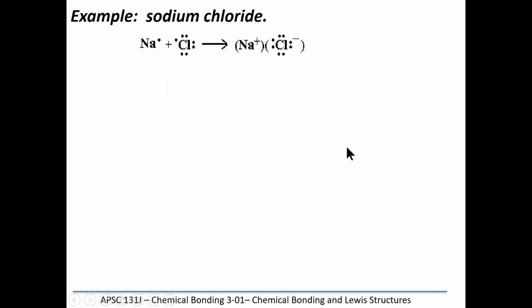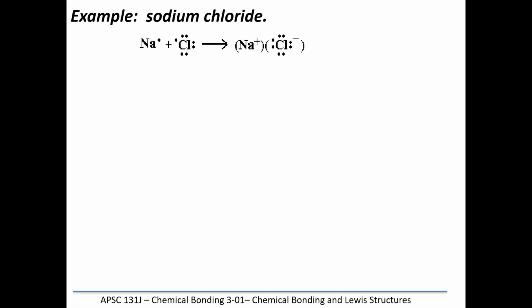So a simple example here is sodium. A sodium atom has 1 valence shell electron. A chlorine atom has 7 valence shell electrons. It's easy for sodium to simply lose its 1 valence shell electron to the chlorine atom. And when we show it as sodium chloride, we can see that the sodium has lost its 1 valence shell electron, becoming isoelectronic with the nearest noble gas, which was neon.